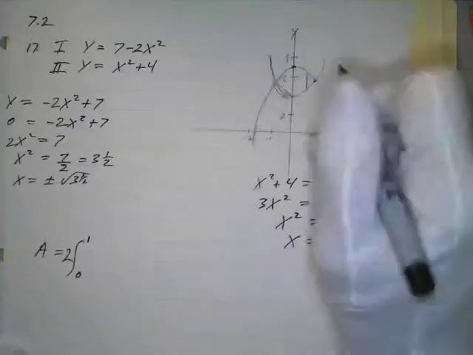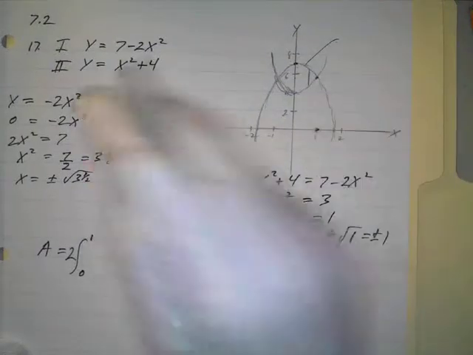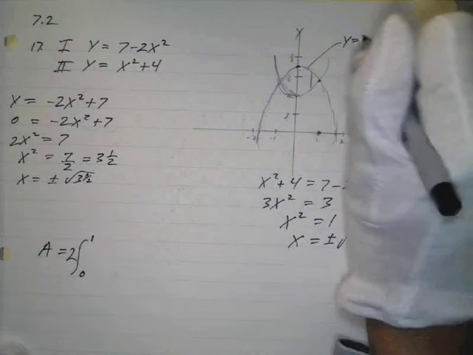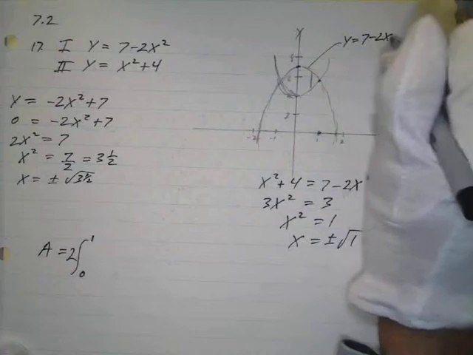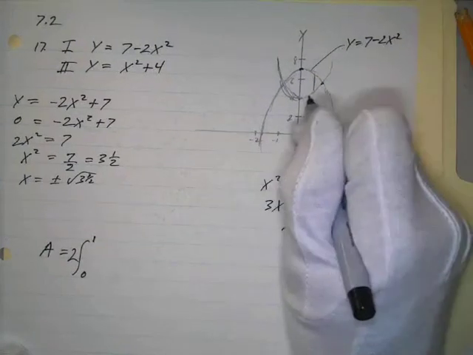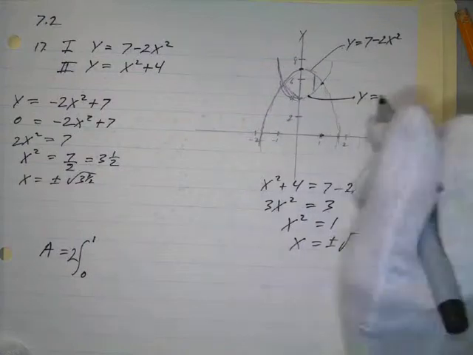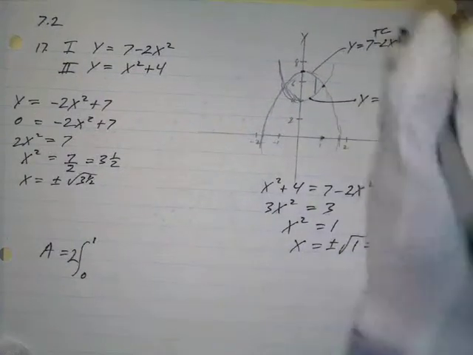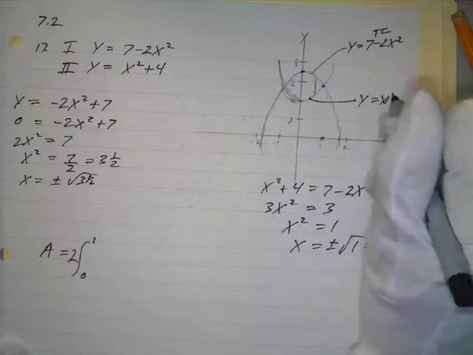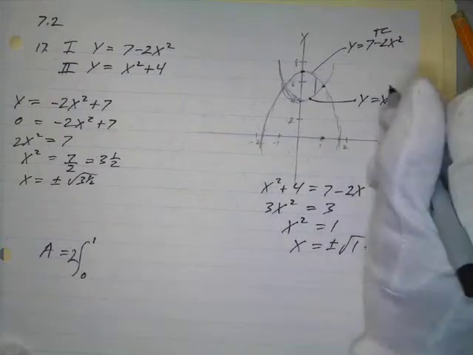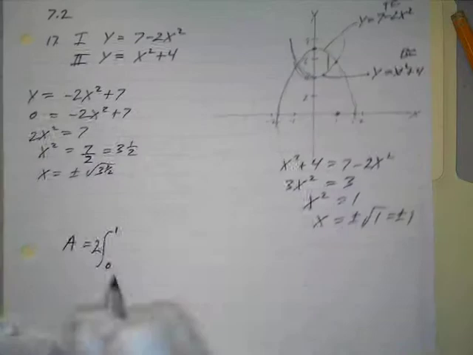Again, this curve here is the top curve, and that's y equals 7 minus 2x squared. And this is the bottom curve here, y equals x squared plus 4. That's the bottom curve. All right?